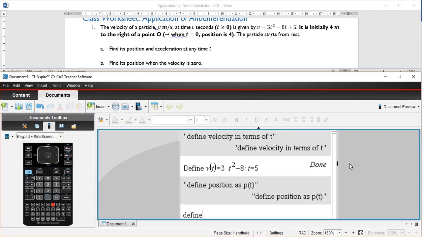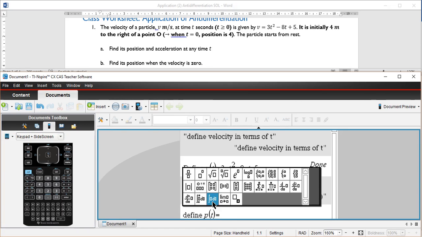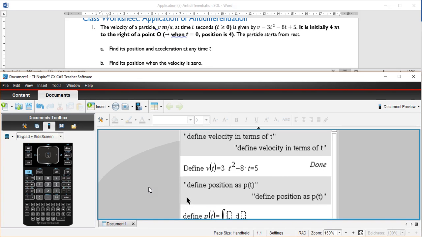So define p of t as, and to find the antiderivative, I'm going to go to that box next to the little book. Hopefully you're looking at the left side of the screen, and you are selecting this one that doesn't have a little box on top or bottom. So we're looking at this, and it will come out.